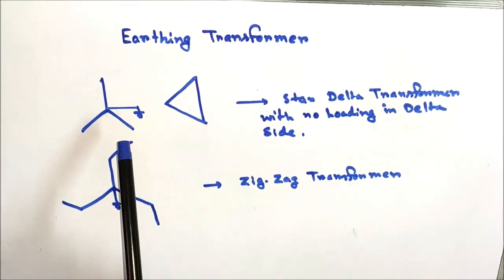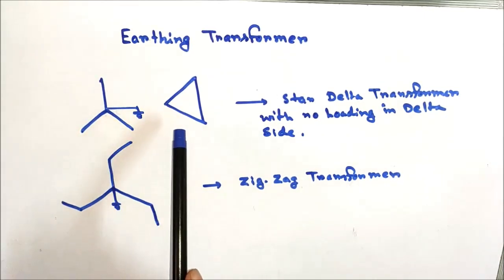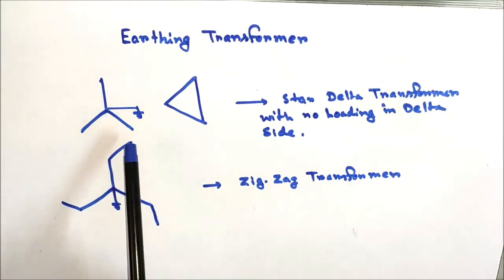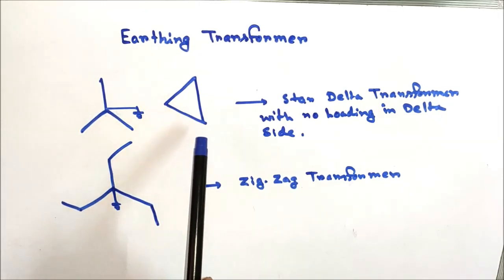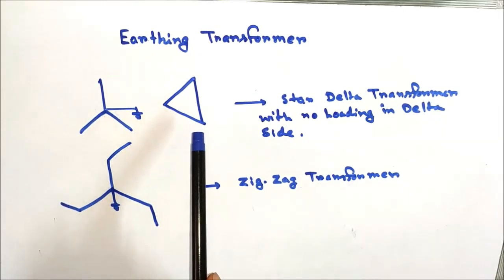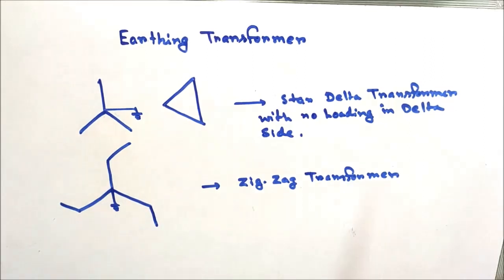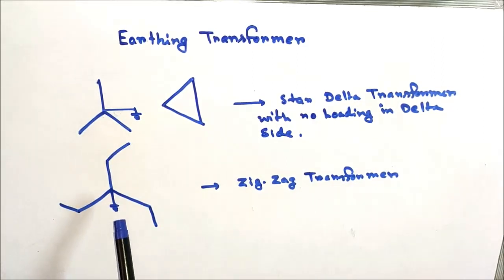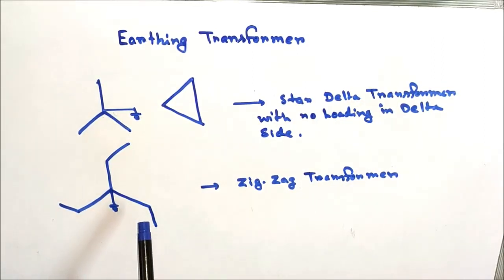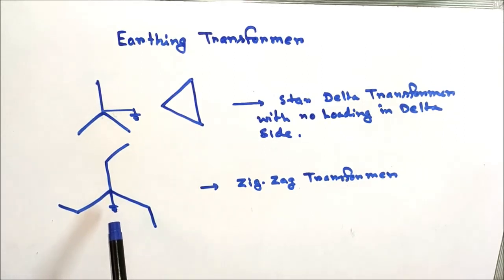It is a two winding transformer: the primary winding is star connected and the secondary winding is delta connected, and the delta winding remains unloaded. Another option is the zigzag type transformer, where the neutral point is connected to earth. This neutral point provides the return path for the earth fault current.